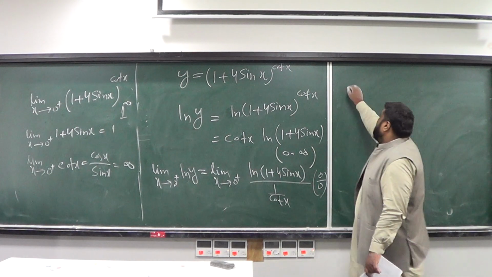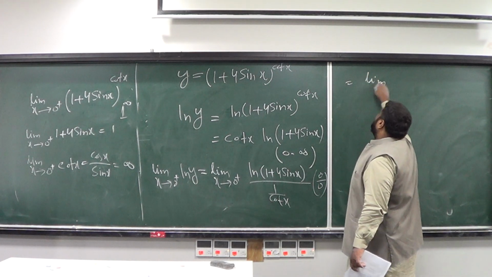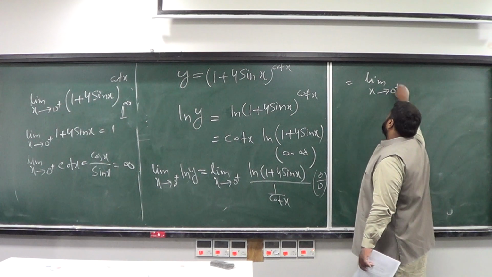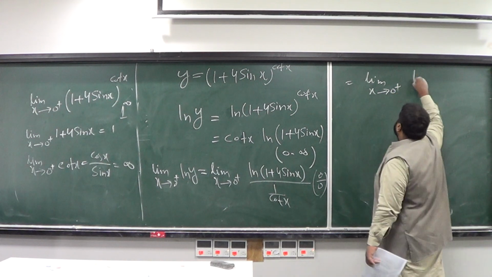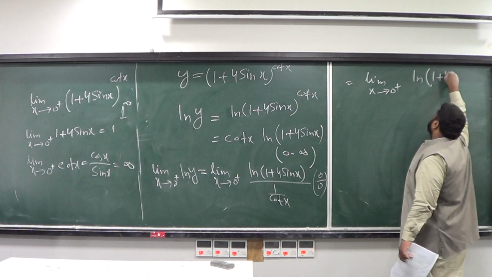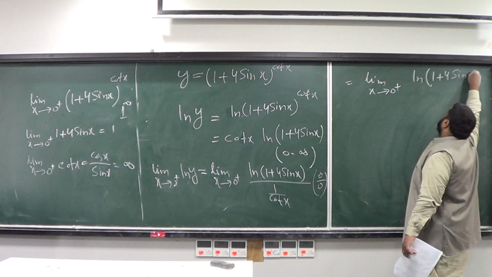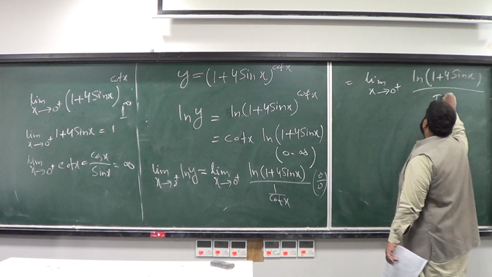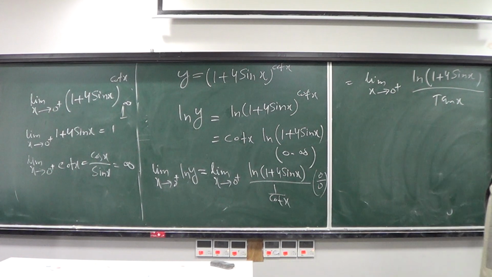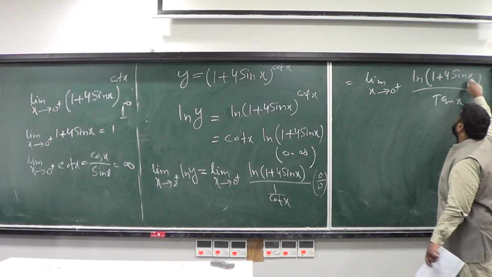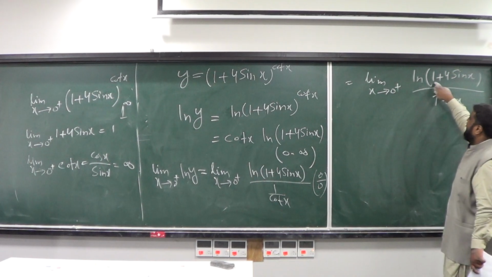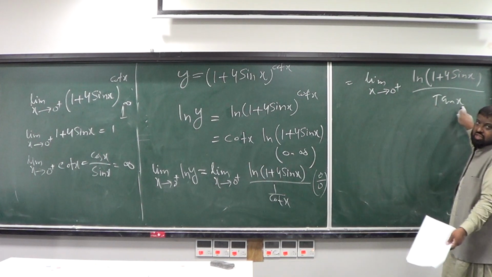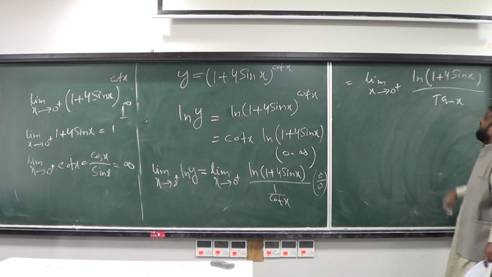By the way, I can simplify it a bit more. The limit as x goes to 0 plus of log of 1 plus 4 sine x, with 1 upon cot x written as tangent x. Still, if you substitute 0 here, log of 1 is 0 and tangent 0 is also 0, so 0 by 0 form.